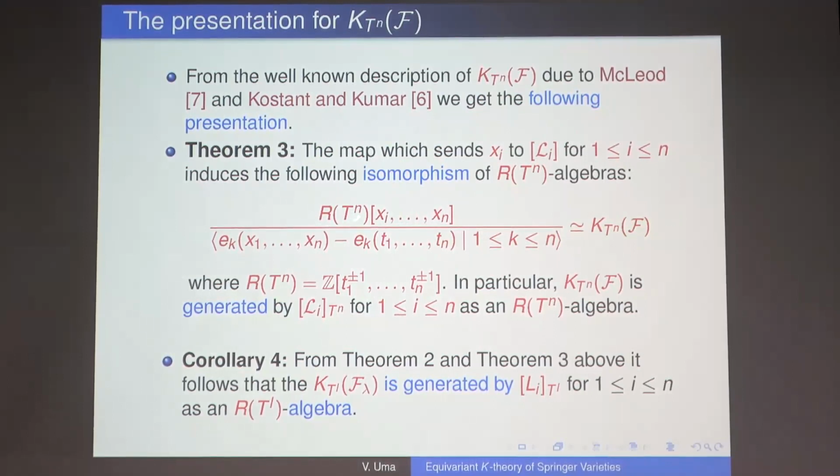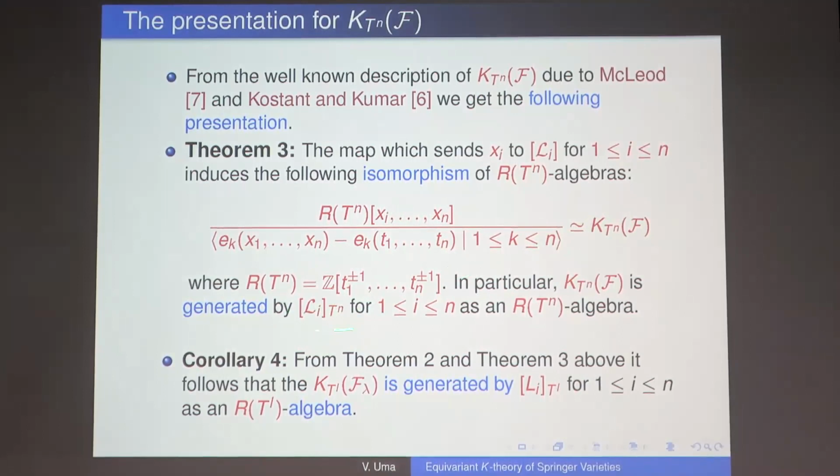So RTN, the representation ring, we take the polynomial ring, sorry, this should be X1 up to Xn, modulo the difference between the elementary symmetric functions, EK of X1 up to Xn minus EK of T1 up to Tn, for 1 less than or equal to K less than or equal to N. This will be isomorphic, where the map is given by sending Xi to the element of the TN equivariant K-ring given by the line bundle Li.